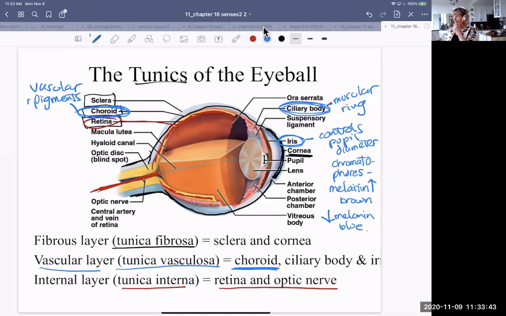It's very dark and pigmented, so that when light enters the eye, sometimes it gets scattered off of other tissue inside the eye, and then it can be confusing. So the scattered light is absorbed by the pigments in the choroid, and also at the back of the retina. There's a layer of pigmented cells.